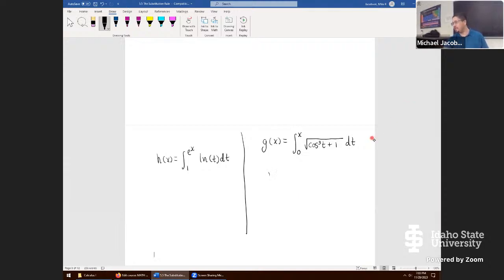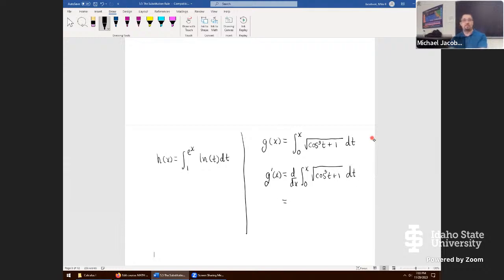But if you're differentiating it, g prime of x, I like to put in this step to visualize what's about to happen. G prime can be thought of as d by dx of the integral from 0 to x of the square root of cosine cubed t plus 1 dt.